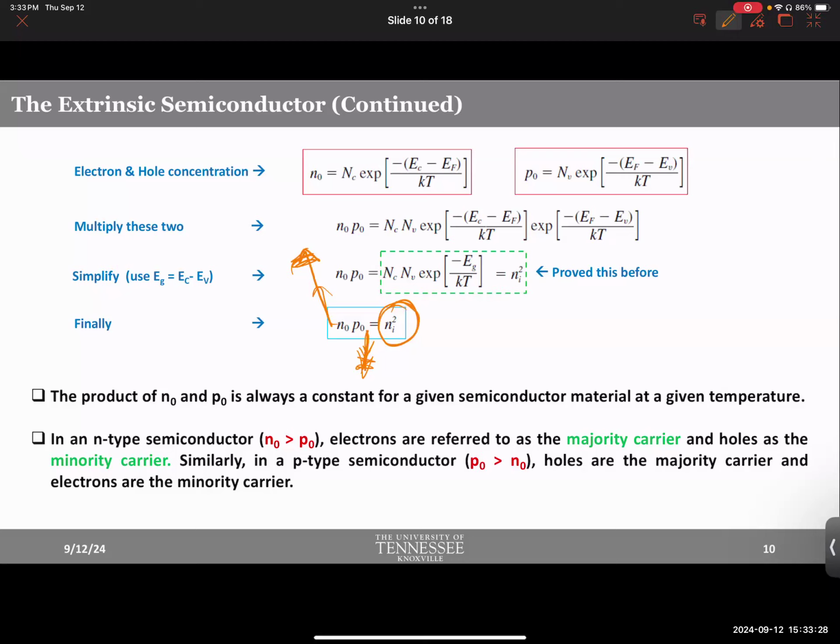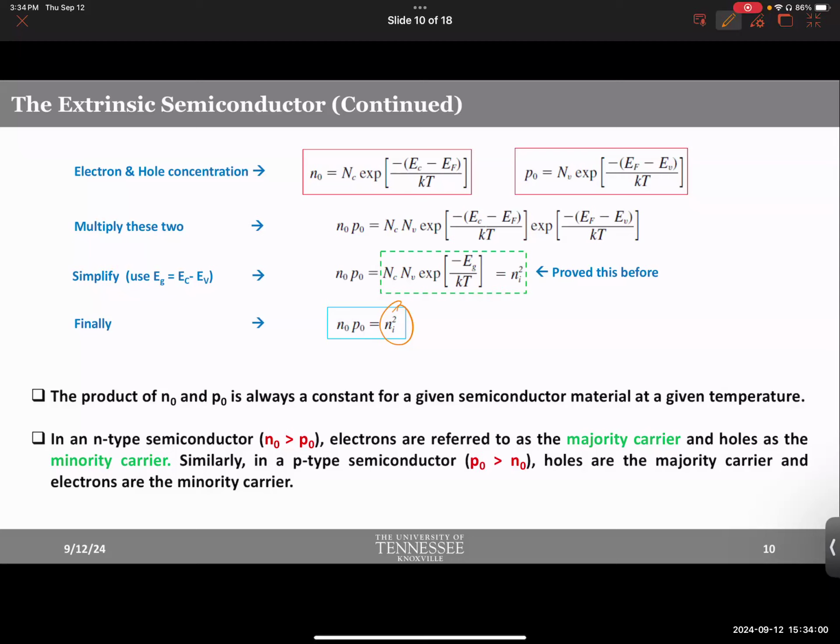Just remember that. It doesn't matter how you're creating these electrons. Are you creating them by doping? Are you creating them by other means? Doesn't matter. If you have more electrons in the system, electrons will dominate the overall property of the material, and they will lead to fewer and fewer holes, so that the product of the concentrations becomes Ni squared. So this is an interesting thing. That's why when you have more electrons in a system, they dominate the property, because they basically diminish the number of holes.